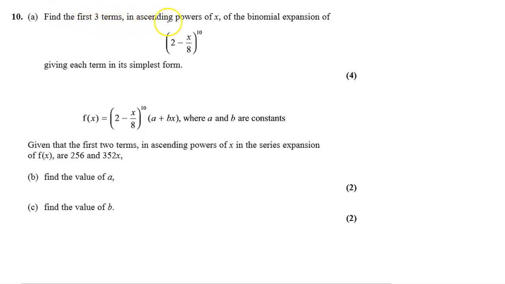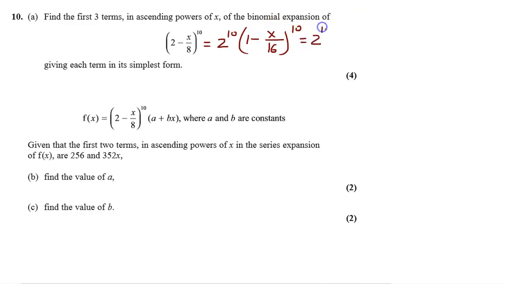Find the first three terms in the ascending power of x. So I can write this as 2 to the power 10, (1 minus x over 16) to the power 10. I have taken 2 common. You can expand it just like that, so there is no problem.